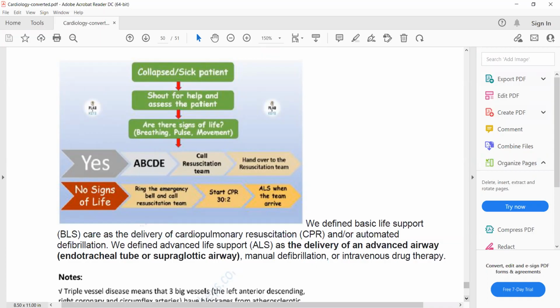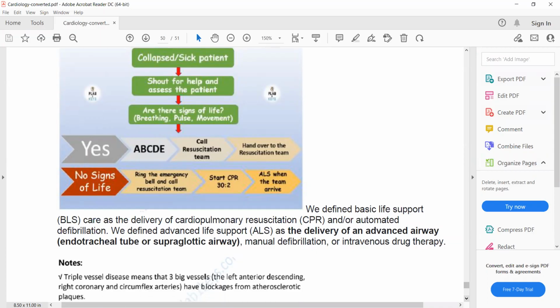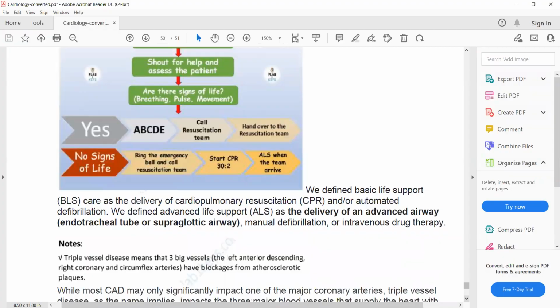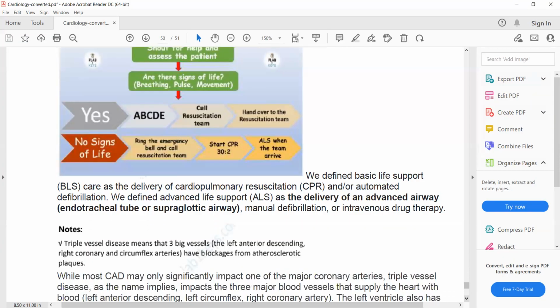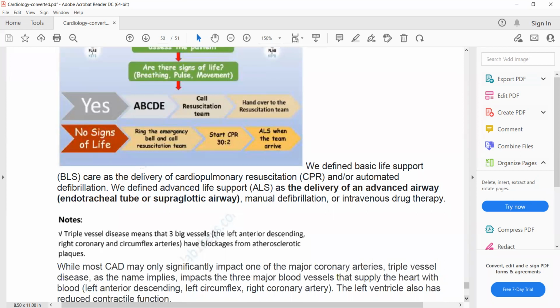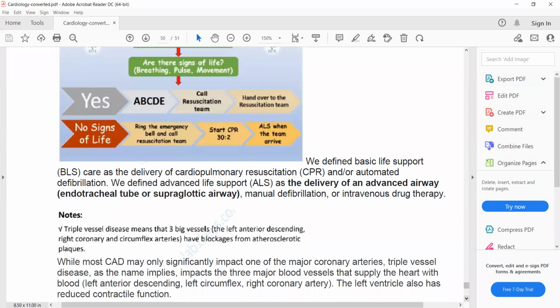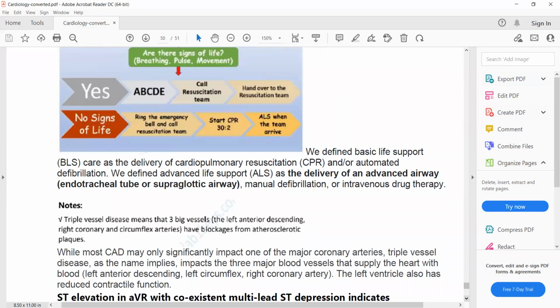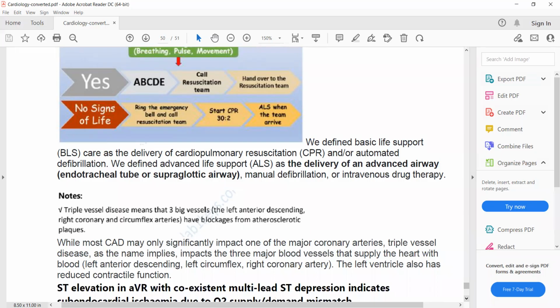For every 30 compressions, you will give two breaths. If there are no signs of life, you will ring the emergency bell and call the resuscitation team. Start the CPR with 30:2.